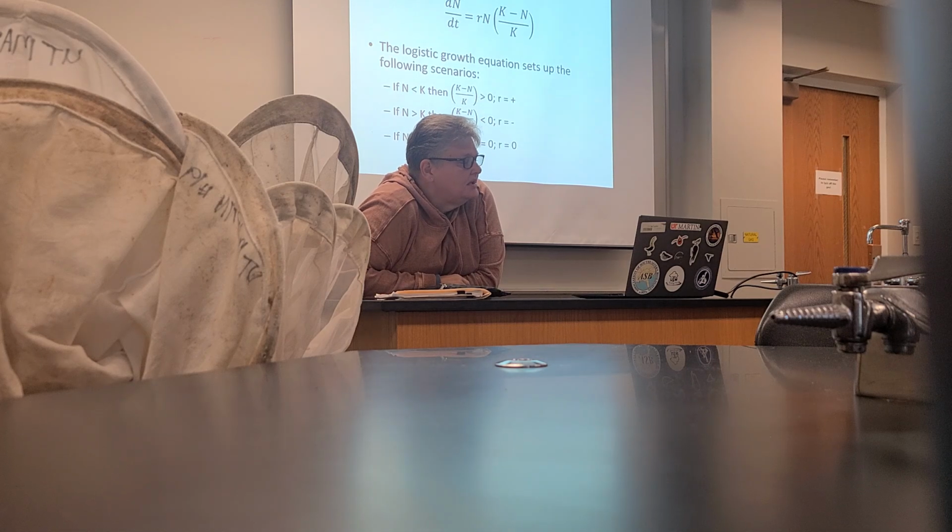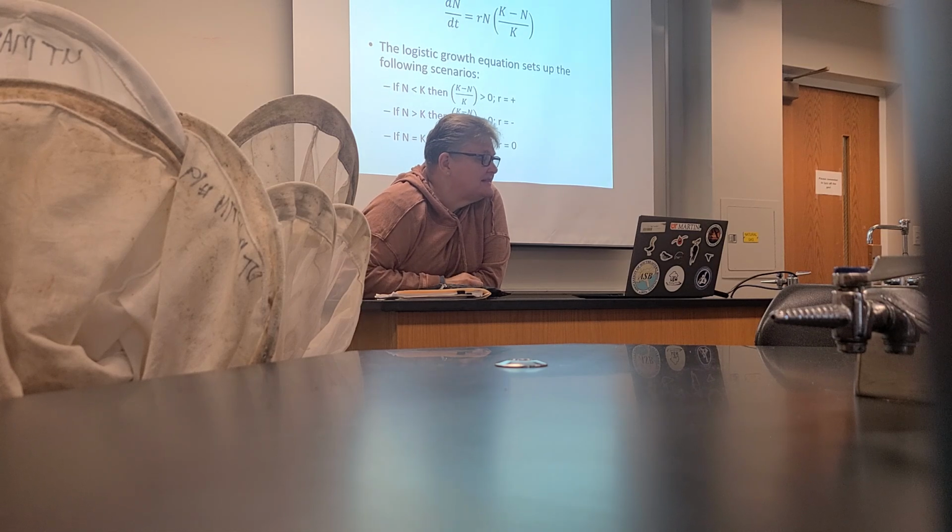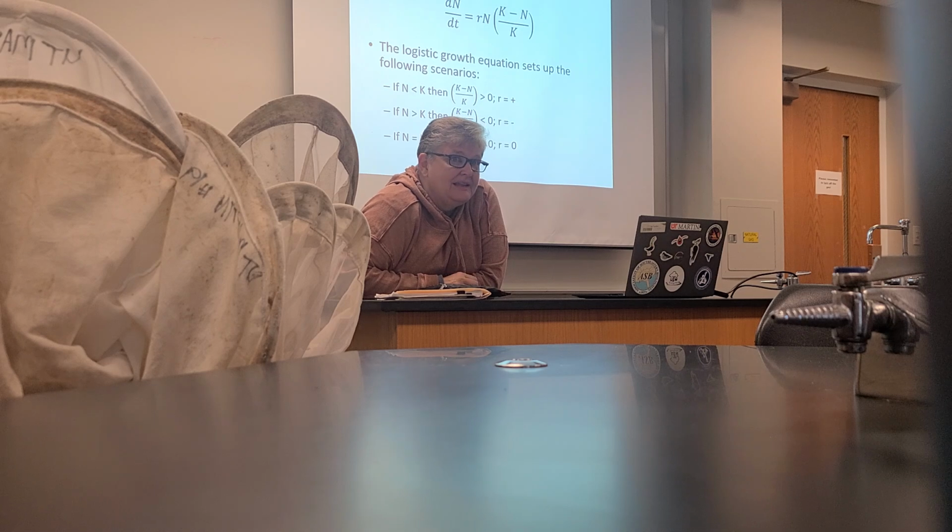And so on this one, I actually did this a little bit just a minute ago, but what we want to do is think about what happens to the growth rate depending on the size of N compared to K. All right? Because that's what we're subtracting out of the carrying capacity. We're subtracting out the population size. And so if the population size is less than K, the Pac-Man's eating K. That's how I was taught it when I was in school.